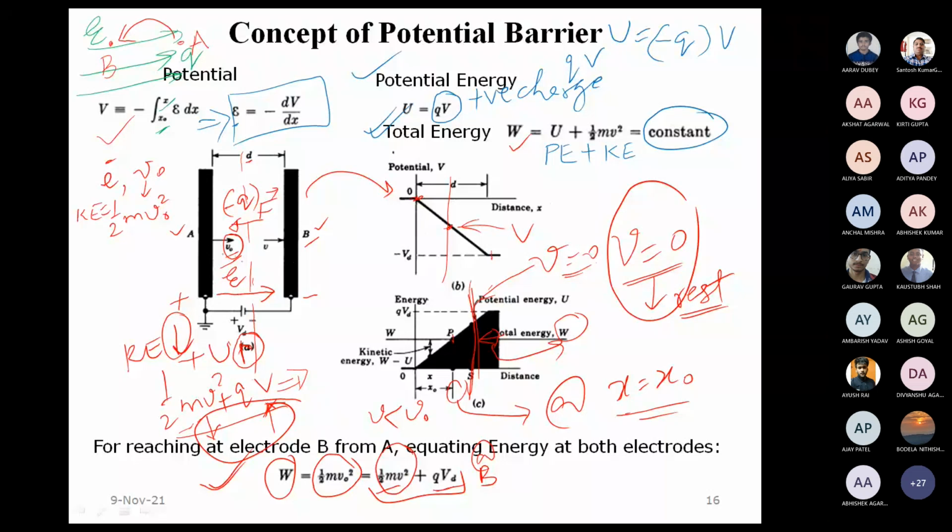So at plate B, the total energy in general can be written as half mv square plus q times Vd.